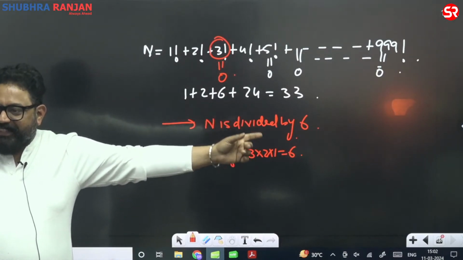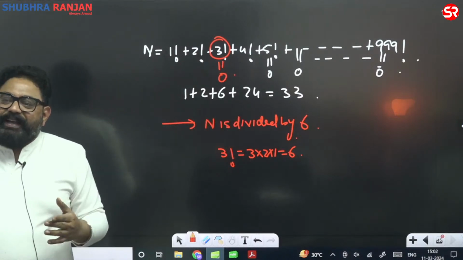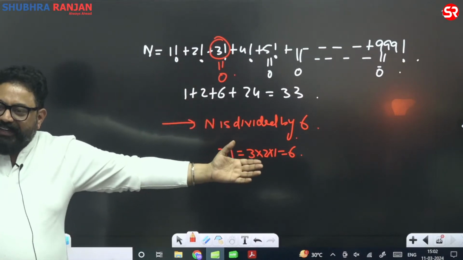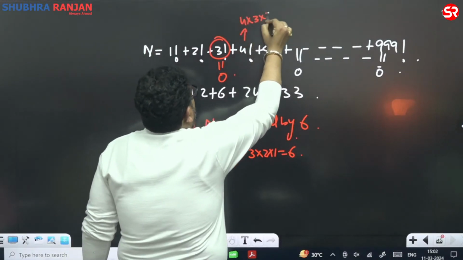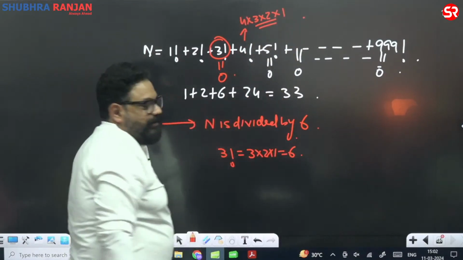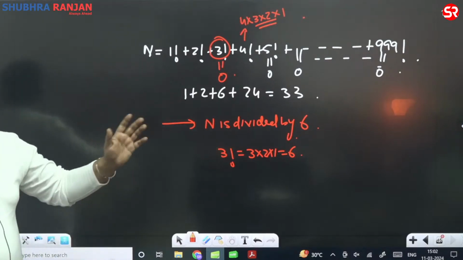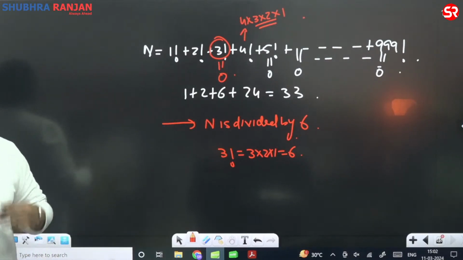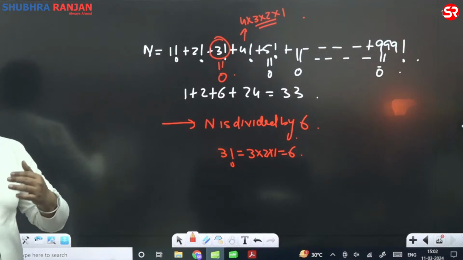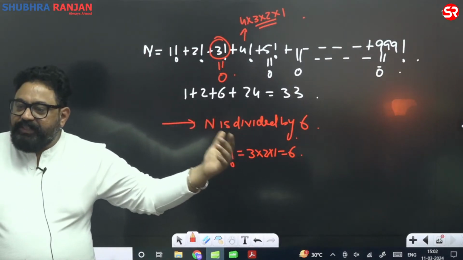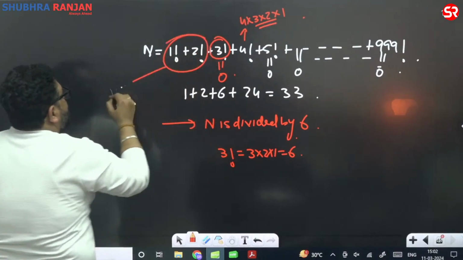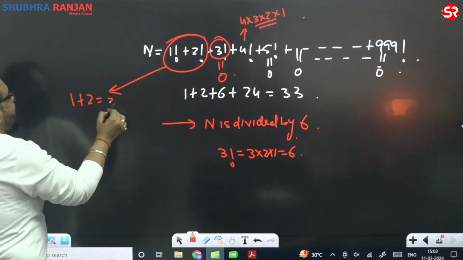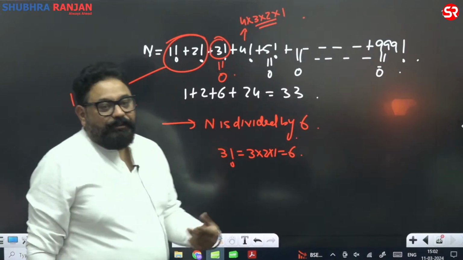If you are checking 6 factorial, the 6 has already come before in the factorial, right? 4 factorial is again 4 into 3 into 2 into 1. Again you have a 6. So 3 factorial and all factorials after 3 factorial are multiples of 6. Your remainder is 1 factorial plus 2 factorial. Answer is 3. We call it a bluff question.